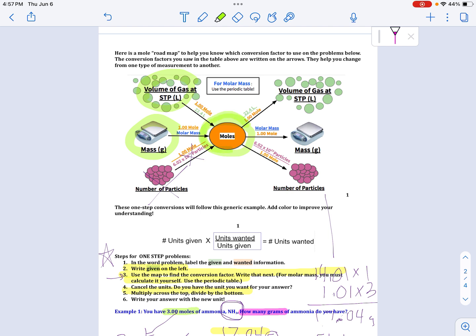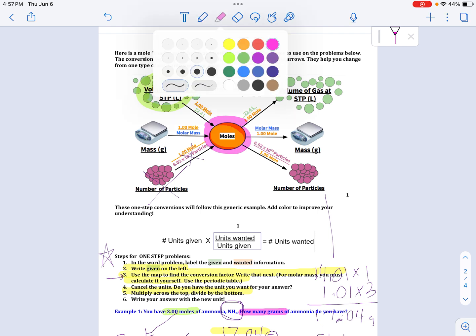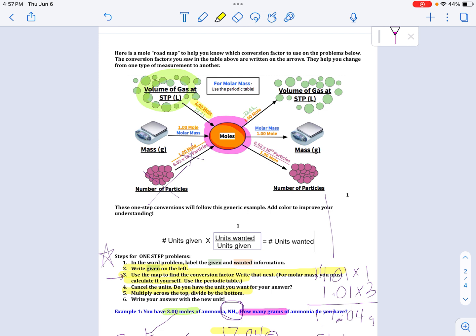So I'm starting up here in this corner that's circled now with the green. And then they want me to change it to moles. So I'm ending in the middle in the moles circle. So here is my conversion factor that I need. It's on the arrow. That is that little fraction that says 1 mole over 22.4 liters here that I just highlighted in yellow. That is the conversion factor I need.